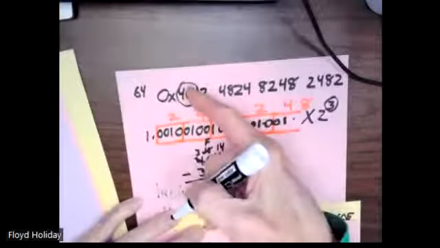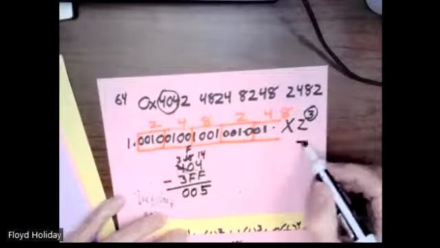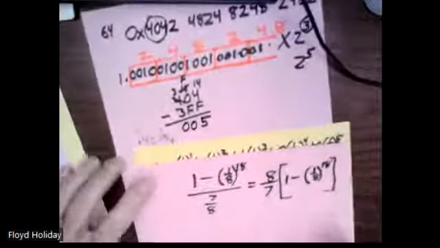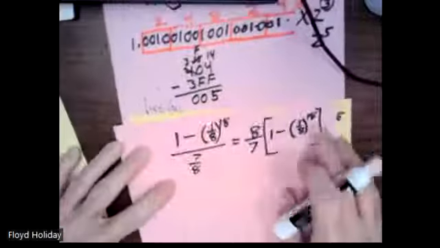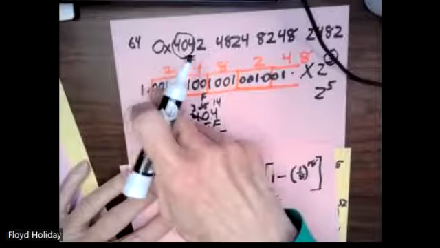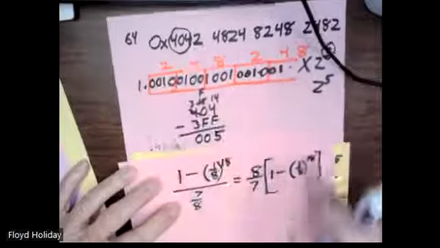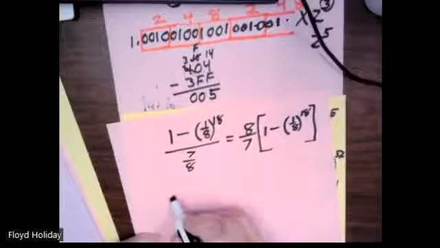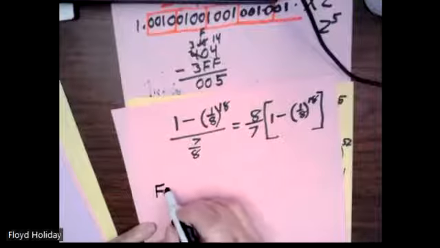Well, that true exponent happens to be 2 to the 5. So what I calculated here was the mantissa part, all of this. So now I have to take that answer and multiply by 2 to the 5. And we'll call it final answer.